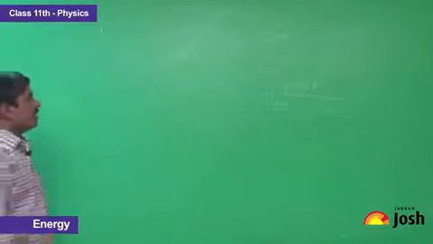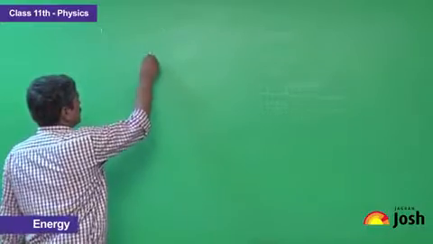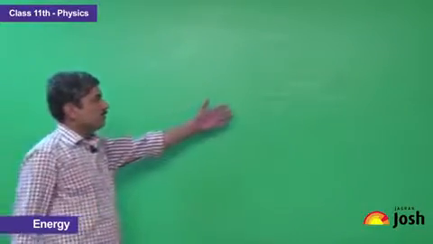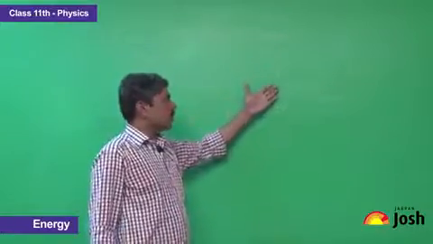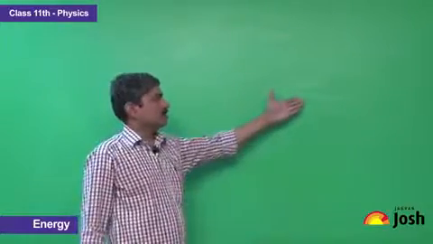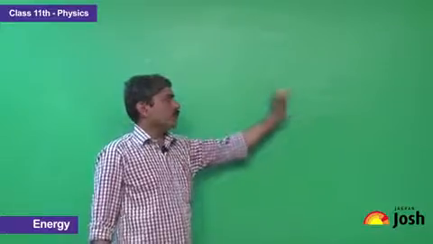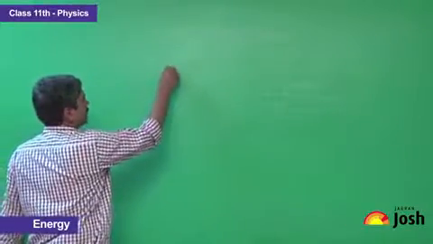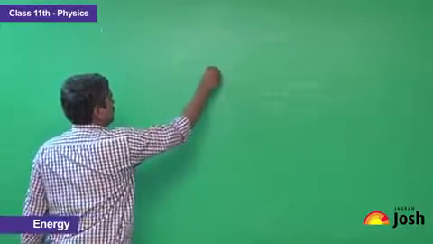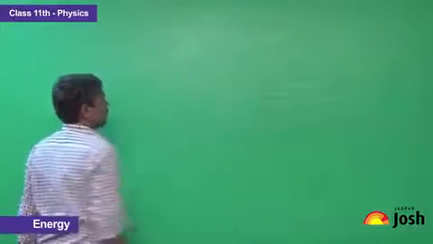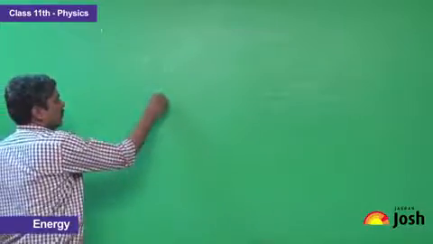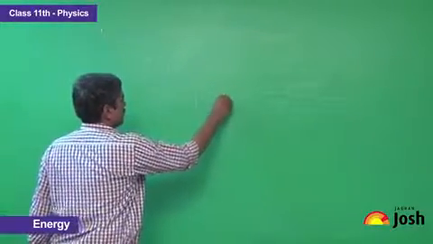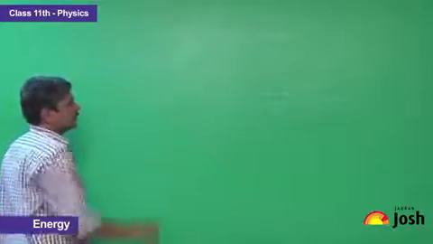Now we discuss the other case, to find the kinetic energy for the variable force. Again, we consider a block of mass m kept on a surface, and a variable force F is applied on it. Then for small displacement, work done is given as F dot dx. For complete work done, we integrate on both sides.